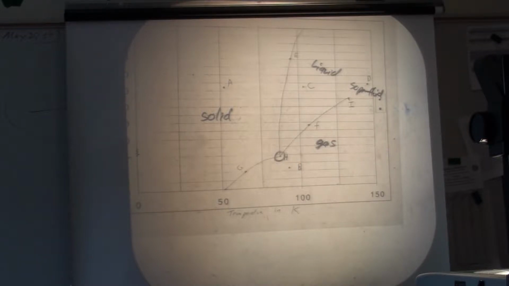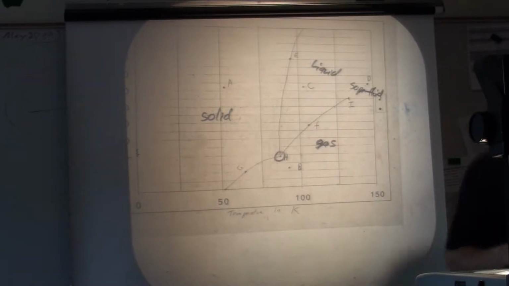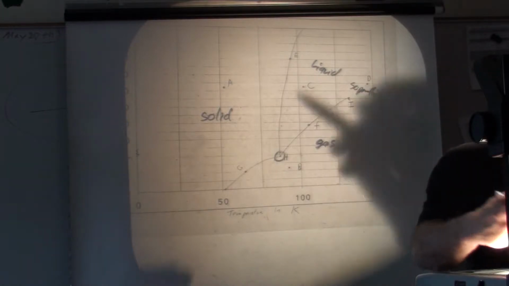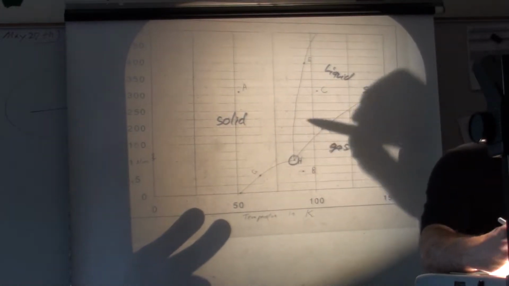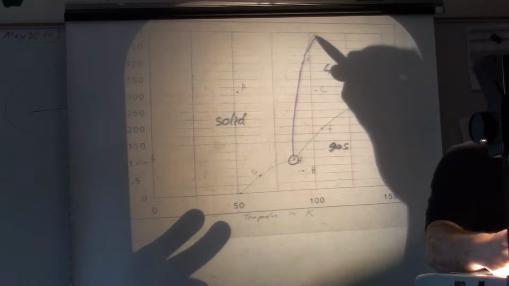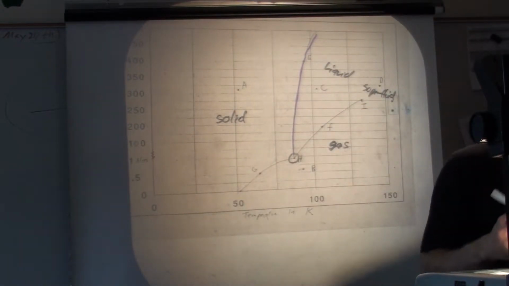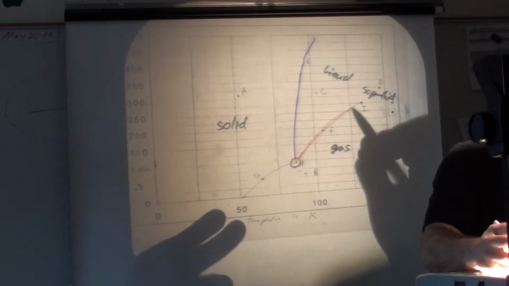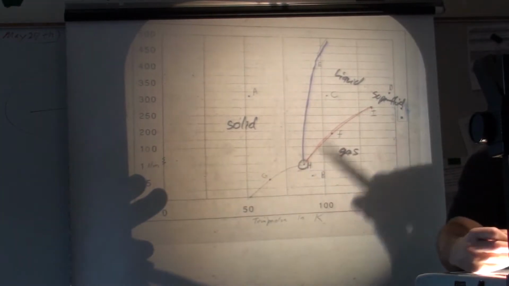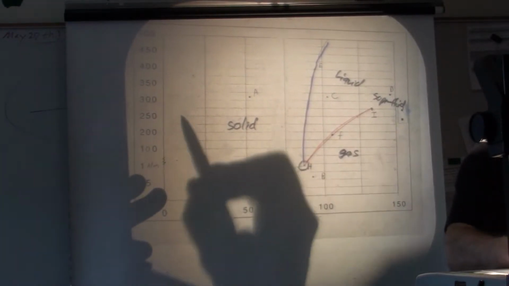Letter D. At 250 ATM, what's the boiling point? This is the freezing line. This is the boiling line. So when you're on that line, you are boiling.